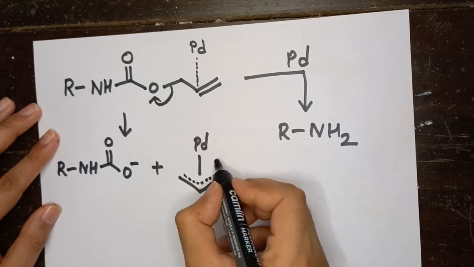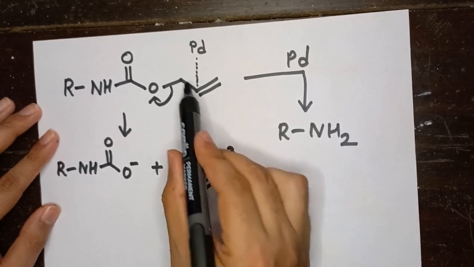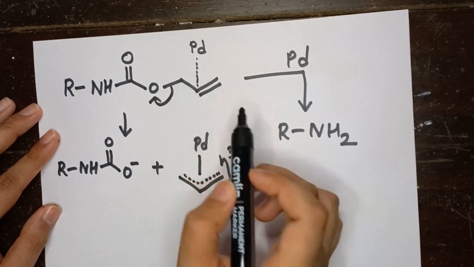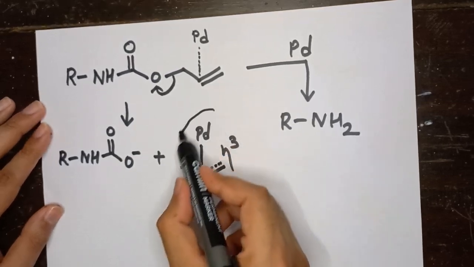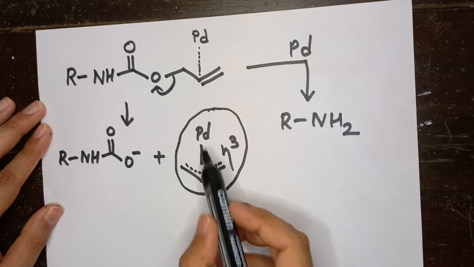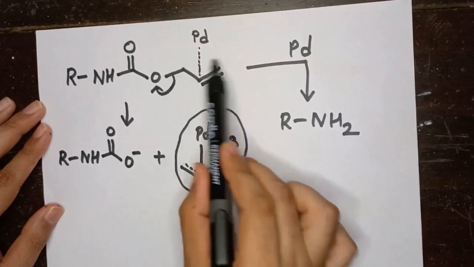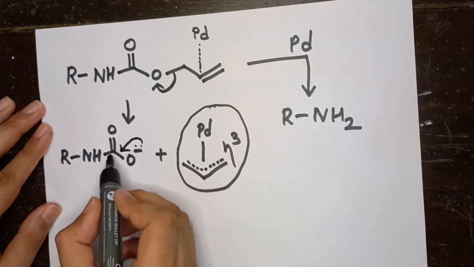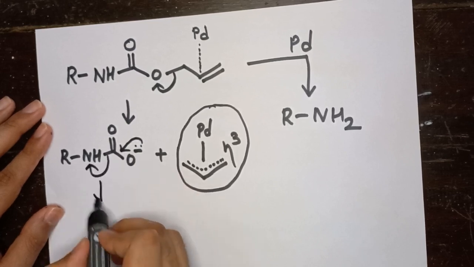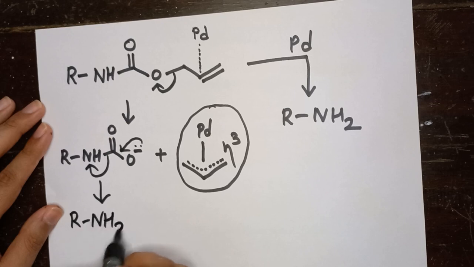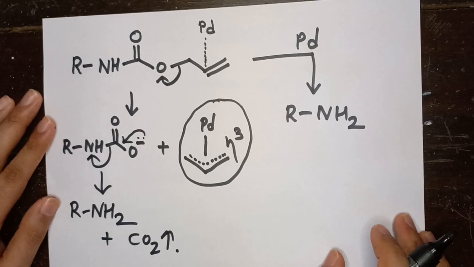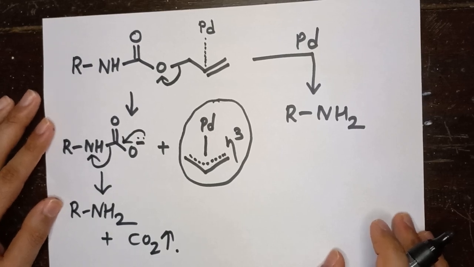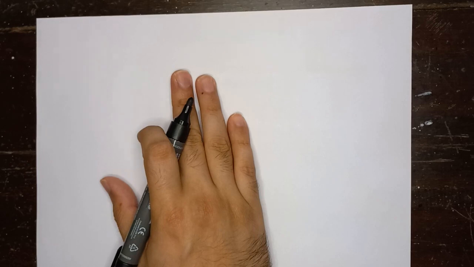Basically it has formed a complex of hapticity 3 because we have a 3 carbon electron rich system. This complex between palladium and the allyl group is the byproduct of this reaction. Now this oxygen lone pair forms a double bond, this bond will break, and you will generate RNH2 and CO2 gas. So this is the deprotection of the alloc group in the presence of palladium. Now let's talk about the Boc protection.